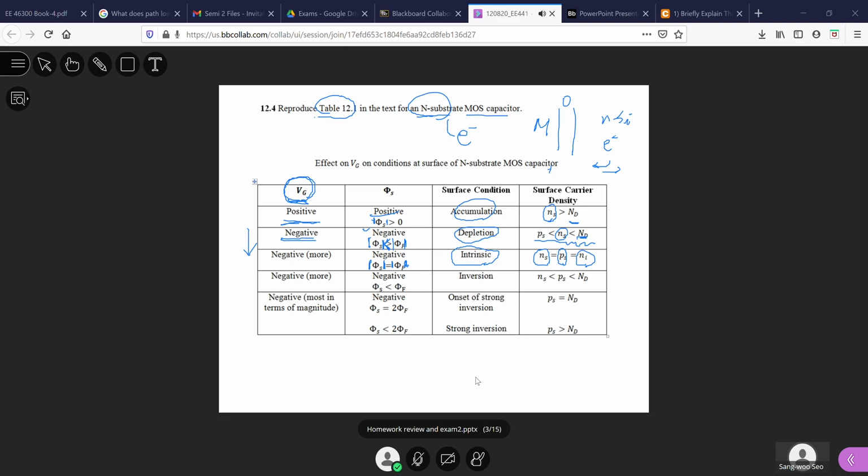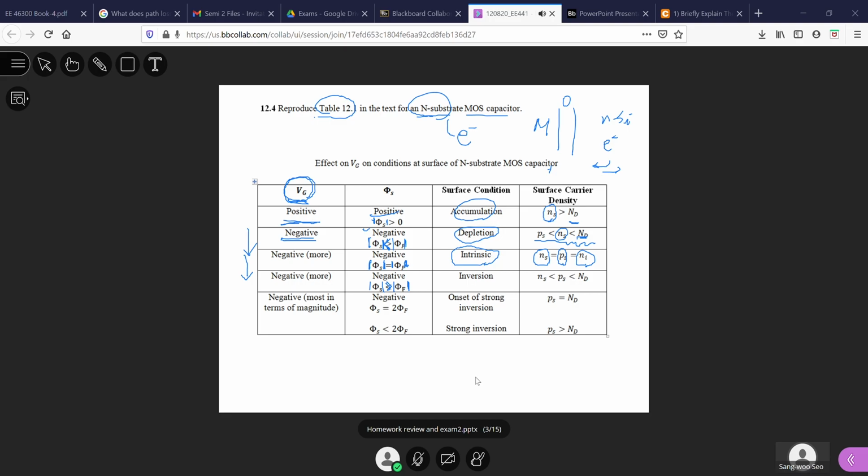If you further increase the negative potential, then at some point the surface potential is going to be larger than the magnitude of your potential difference here.